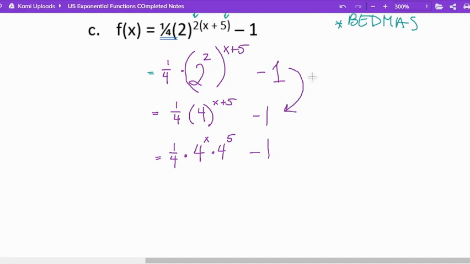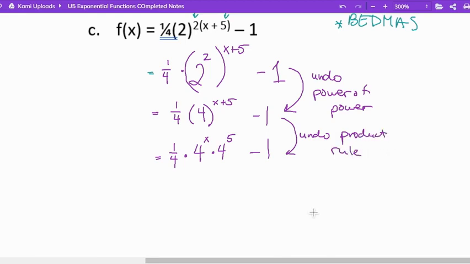So if this helps, first we undo power of a power. Then we undo the product rule. You don't have to write this stuff down, but it's there.